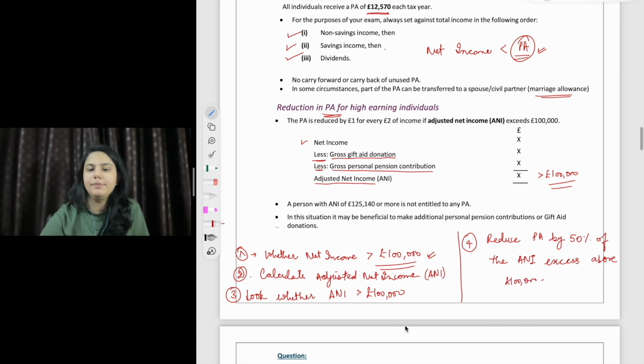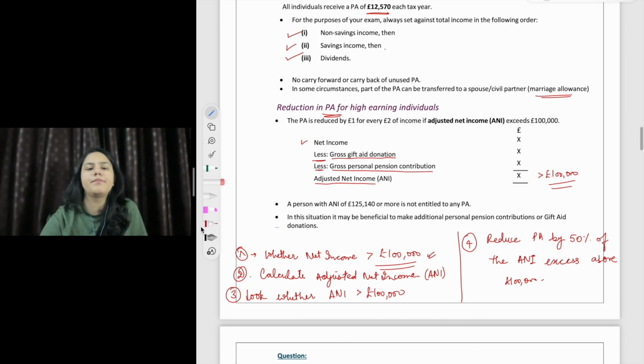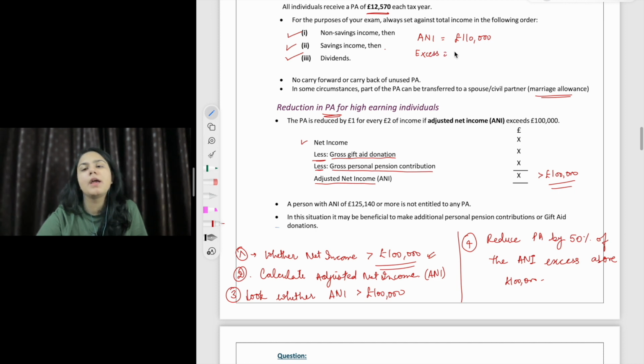Now let's take an example. Let's say my ANI comes to 110,000. First, I'm going to look at the excess above 100,000. The ANI excess over 100,000 is 10,000.